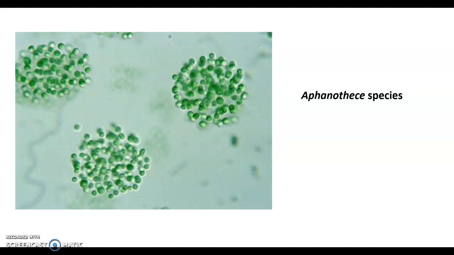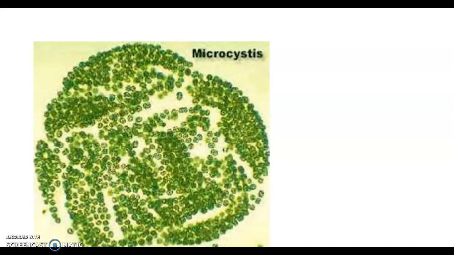So Anabaena, Oscillatoria, and Nostoc are filamentous, and the ones that grow in clusters are the Aphanothece species and the Microcystis species. And so hopefully this will help you. Again, this is not due until Tuesday the 15th if you need that long to complete it.